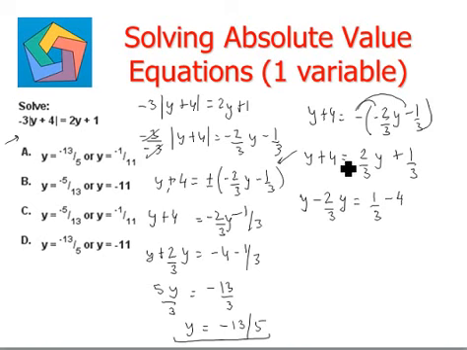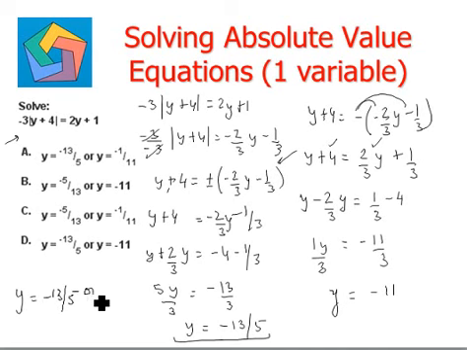Now when we simplify this, we get 1y by 3 equals negative 11 by 3, or y equals negative 11. So we get two values of y: y equals negative 13 by 5 or y equals negative 11. This is matching option D. This is the correct answer.